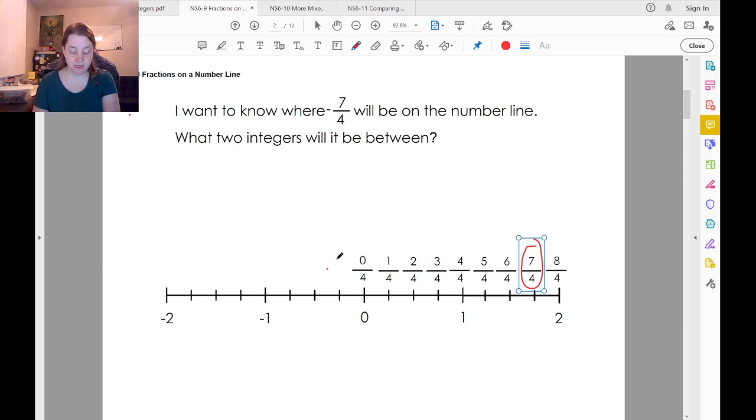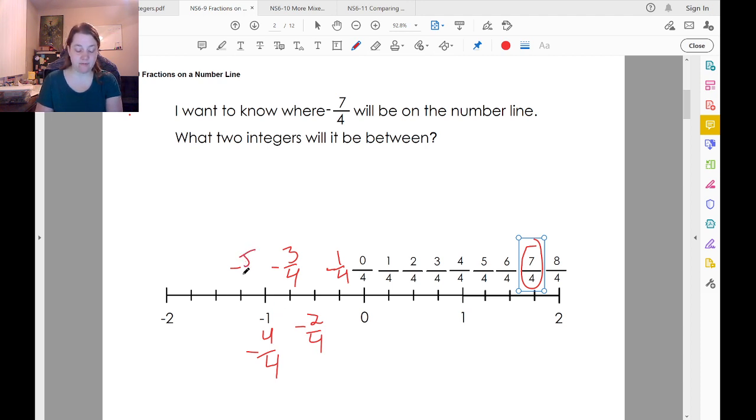So this would be -1/4. I'm going to go up and down because it's easier. This would be -2/4, -3/4, -1. Because this is -1, that would be -4/4. Just like 1 is 4/4 over here, this would be -4/4.